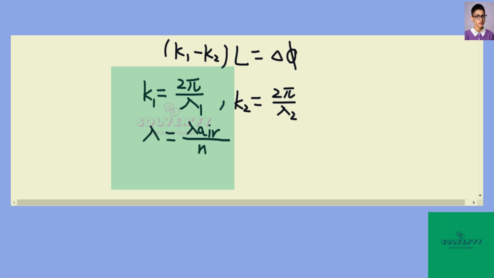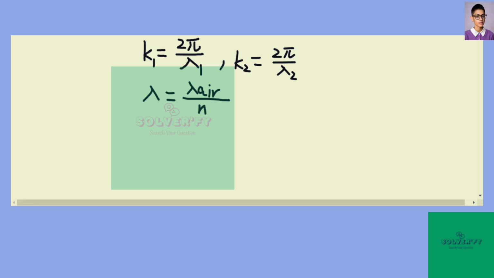So lambda is equal to lambda air divided by n. For lambda 1, which is the wavelength through the glass, it is equal to lambda air over n1, the refractive index of the glass. Lambda 2 is equal to lambda air over n2, which is the refractive index of the plastic.